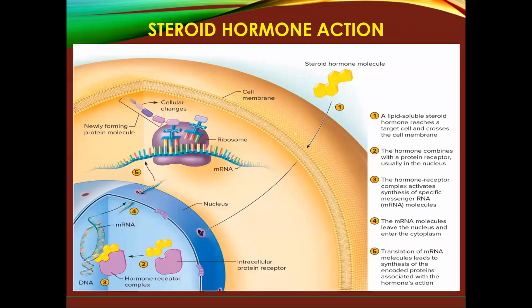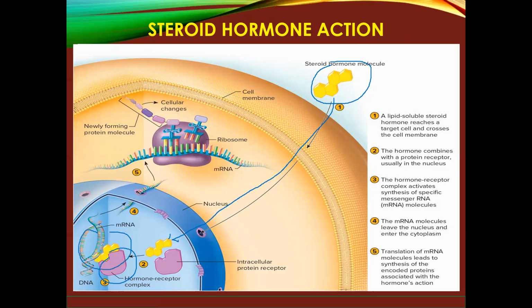If we use the diagram, these hormones are produced by the endocrine glands and carried by the transport proteins in the blood. They will be released into the target cell, and they will enter. They will cross the cell membrane, enter the cytoplasm, and even enter the nucleus. They will bind to the receptor in the nucleus, and this binding actually makes a complex with the DNA.